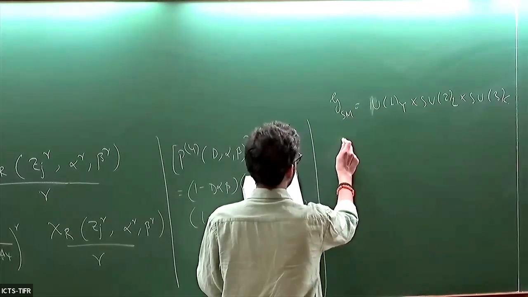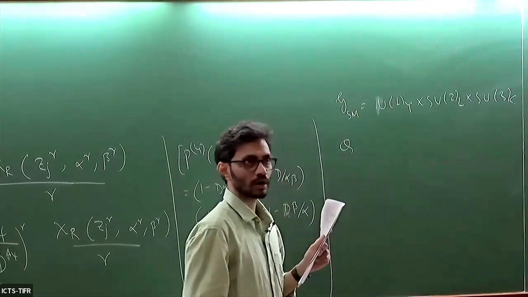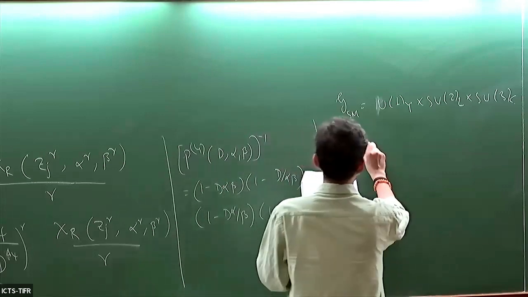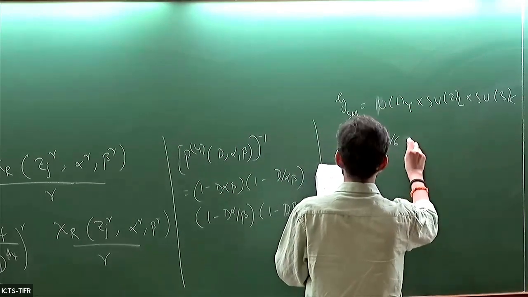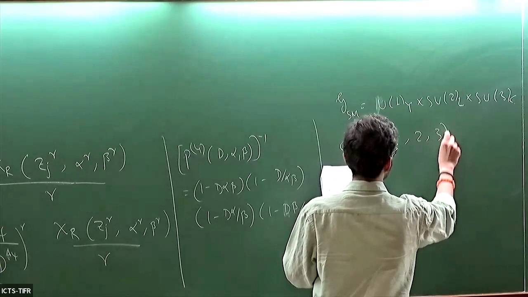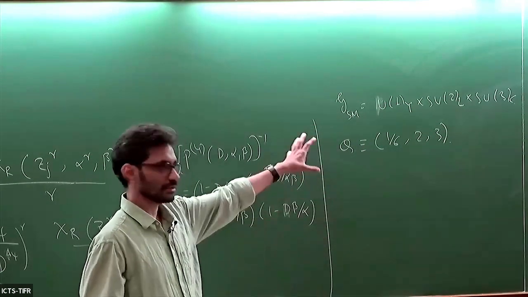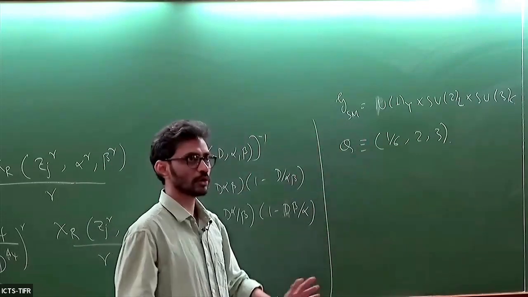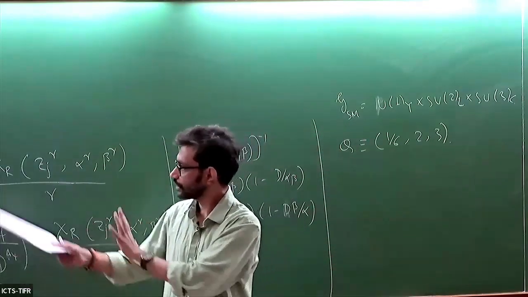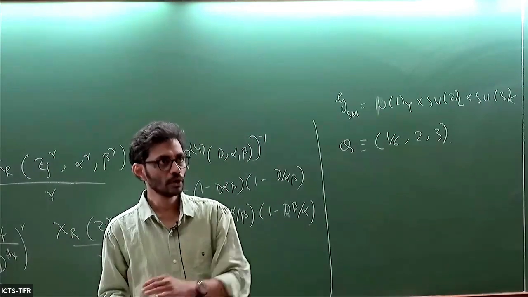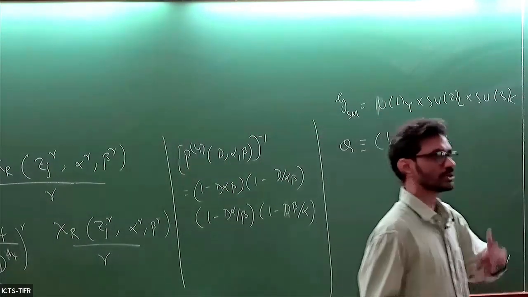Right? So now I am taking a quark doublet, whose hypercharge I am assigning as 1 by 6, SU2 doublet, SU3 triplet. Right. Now let's see, for this particular field, if I can write down the character for all these symmetries, we know how to accommodate the other fields.